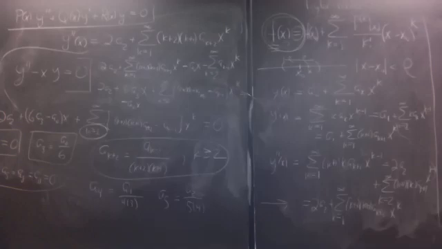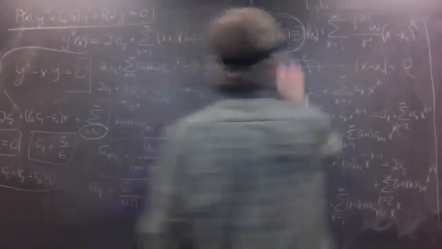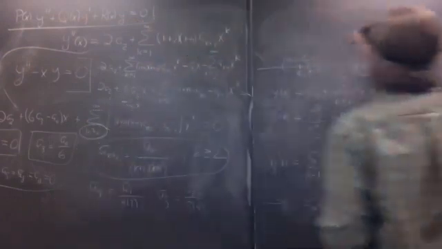Well, that's every 3. So 2 is 3 times 1 minus 1. 5 is 3 times 2 minus 1. 8 is 3 times 3 minus 1. Now, I'm hoping maybe I can erase the top part up here.